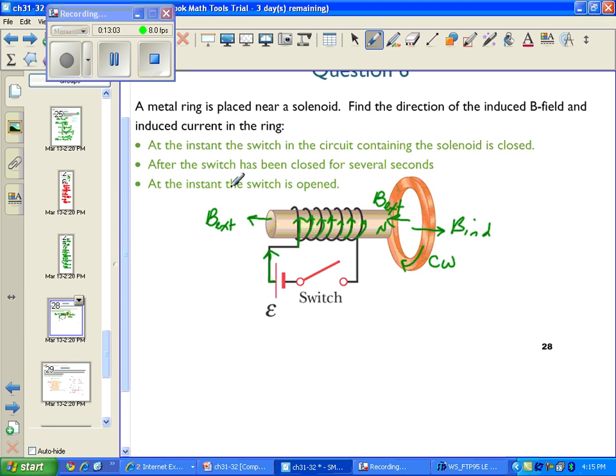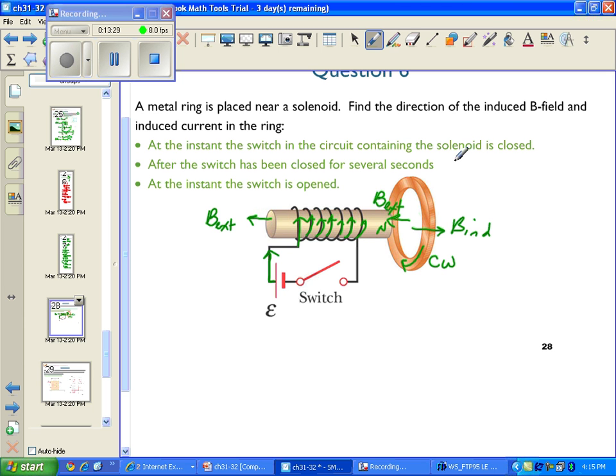Well, the next instant they want us to calculate the induced quantities is after the switch has been closed for several seconds. Well, when the switch has been closed for several seconds, there is no change in the external magnetic field, and therefore no change in the magnetic flux which cuts through the ring.